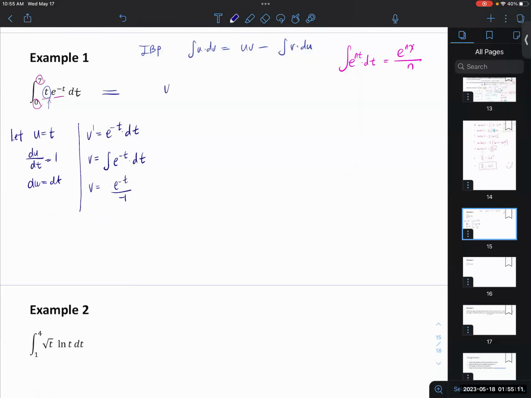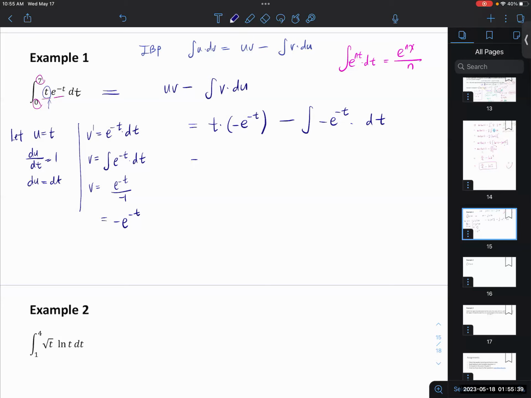So now uv minus the integral of v du. Your u is going to be t. v is going to be negative e to the negative t. And then minus the integral of negative e to the negative t, du is dt right there. Let me just rewrite it.